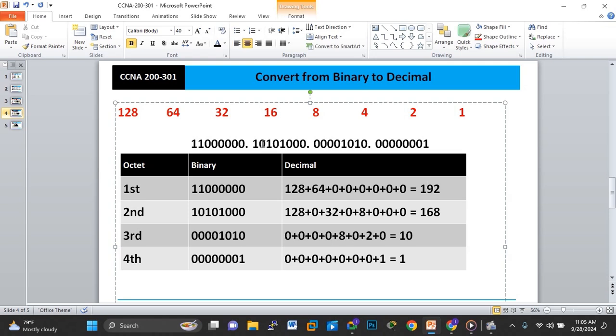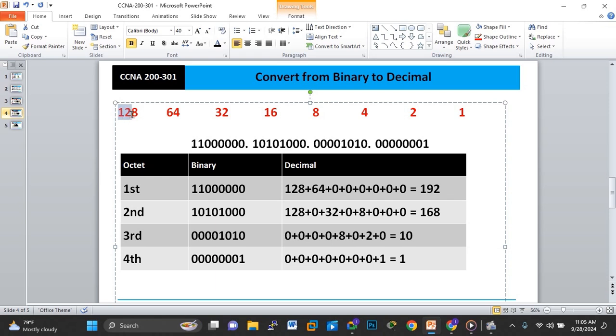So now we move to the second binary octet. With this second binary, the same thing, you need to implement the same method. You write down these bits, then you take these bits and put them under them.